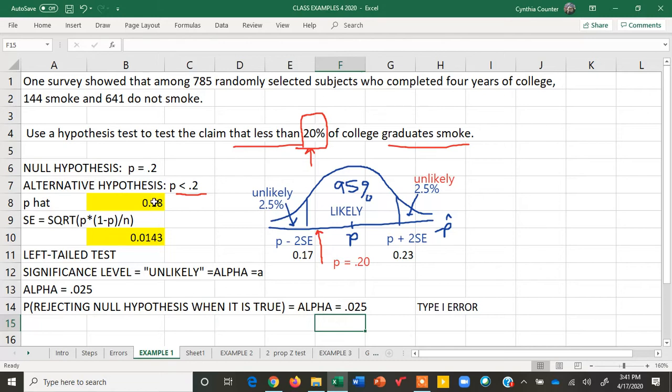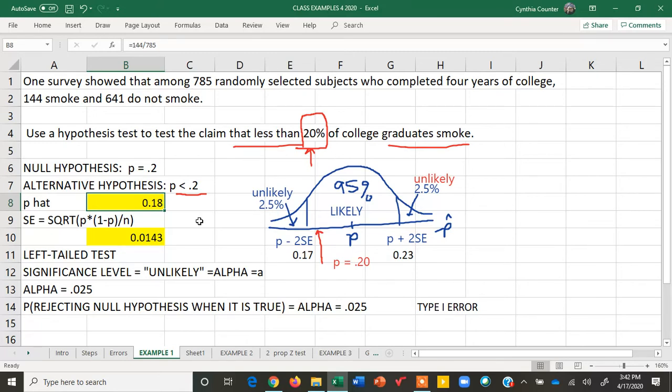We see that 144 out of 785 is 18% of the sample. So we're going to use inferential statistics to see if the true proportion actually is closer to 18%, which means it is statistically significantly less than the 20%, rather than just being equal to 20%.